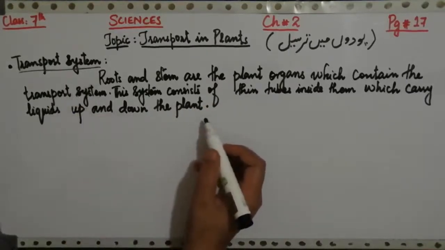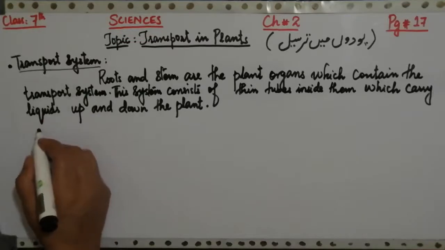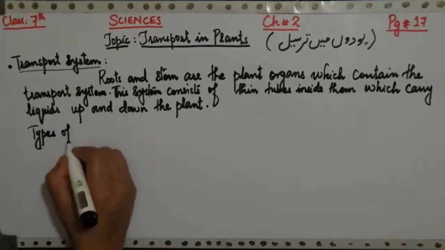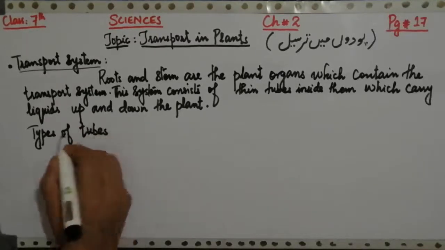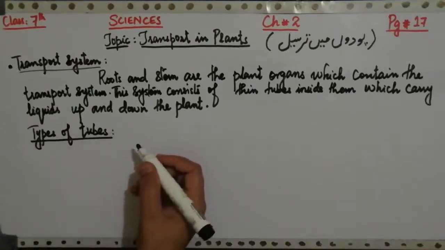Basically transport system has two kinds of tubes. So how many kinds of tubes are present in the transport system?